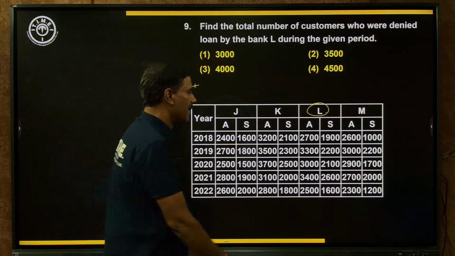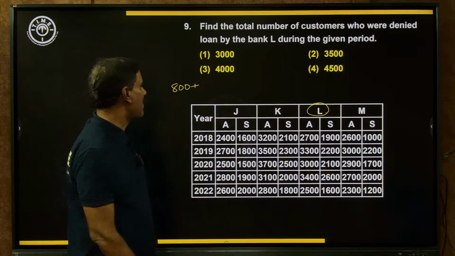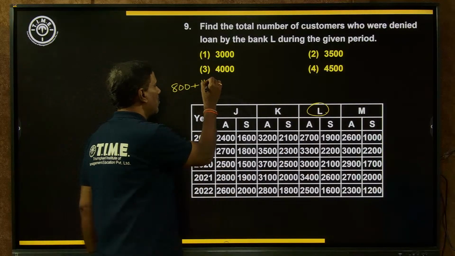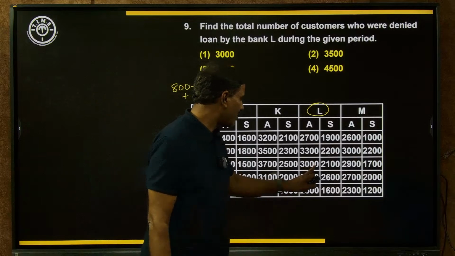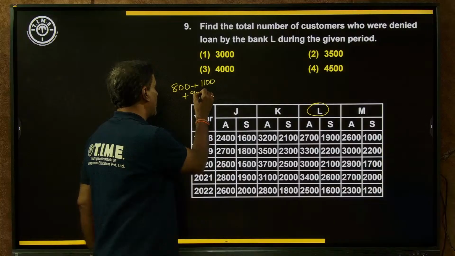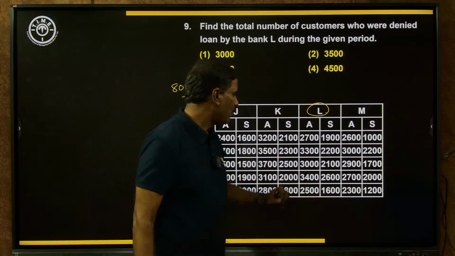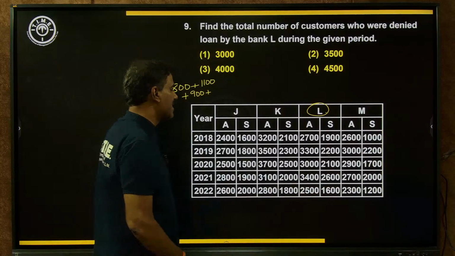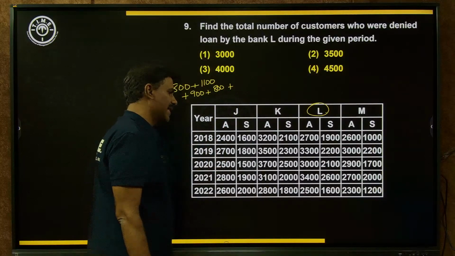Similarly, in the second year, 3300 applied and 2200 got it. So the balance 1100 did not get the loan. In 2020, out of 3000, 2100 got. That means balance 900 did not get. Next year 3400, 2800, 2600, the gap is 800. 34 minus 26, 8.